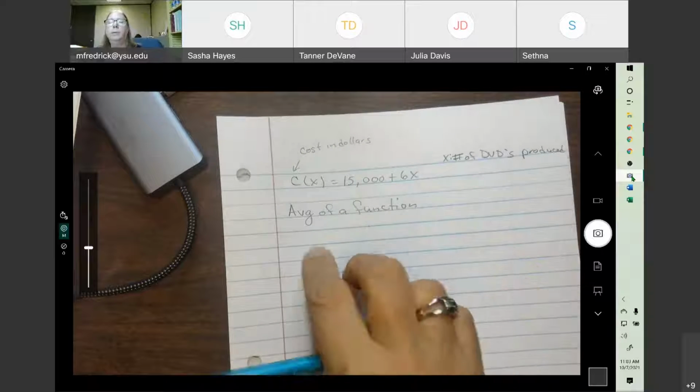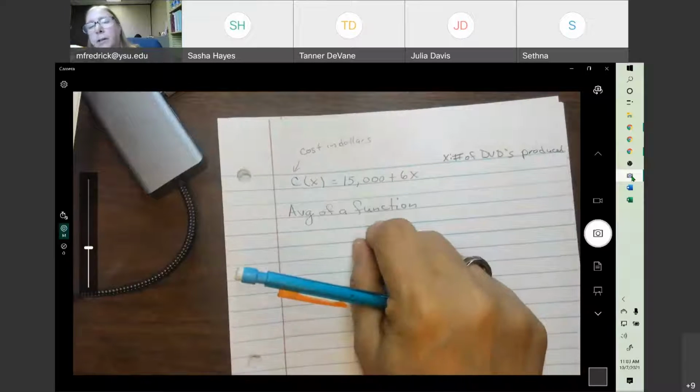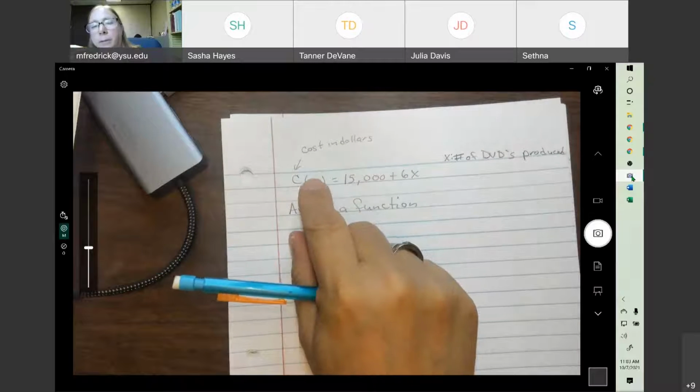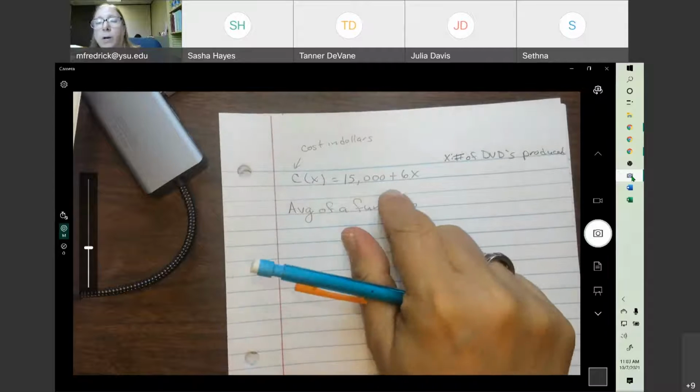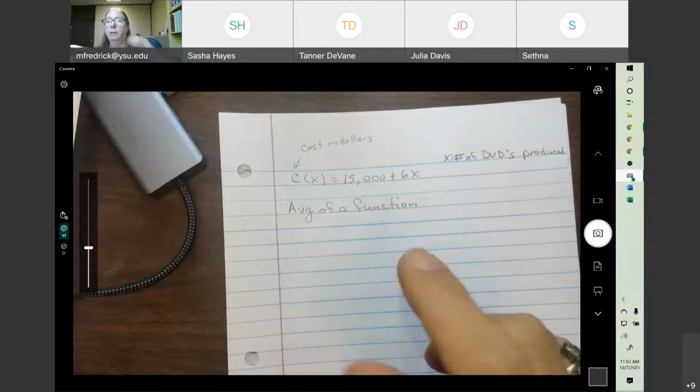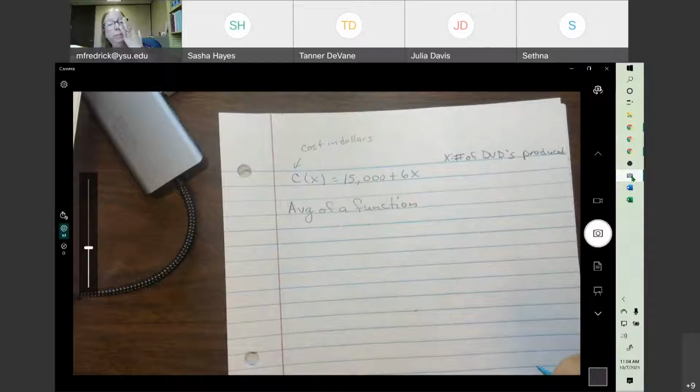A lot of times we want to know what the average of a function is. For instance, if we plug a value in here, it's going to tell us the total cost rather than the cost per DVD.